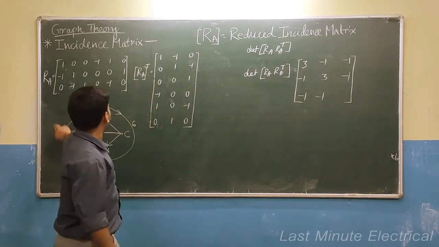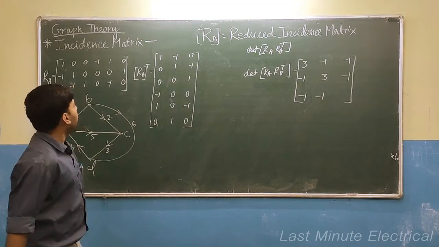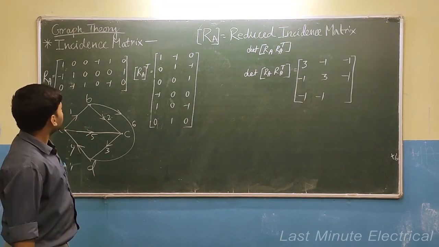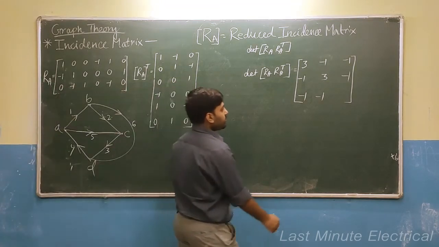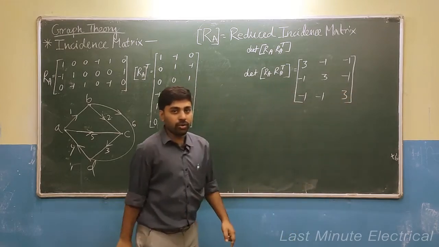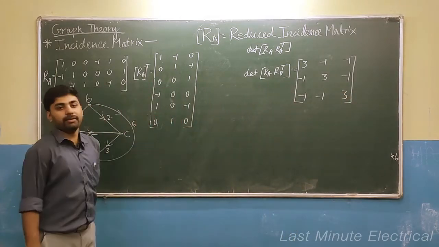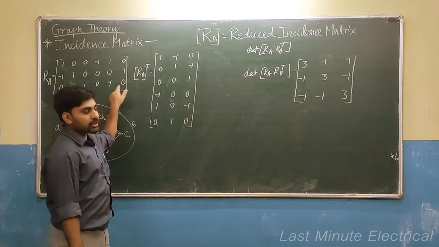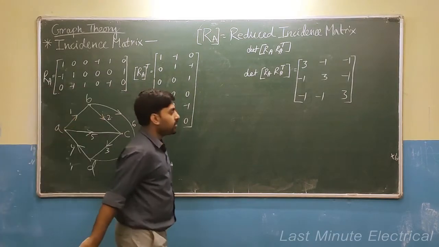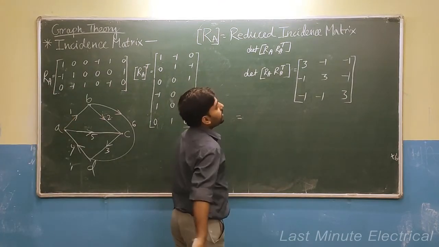Third row, third column, it will be again 3. Okay. So, I have performed the matrix multiplication. Do it yourself. Practice it.